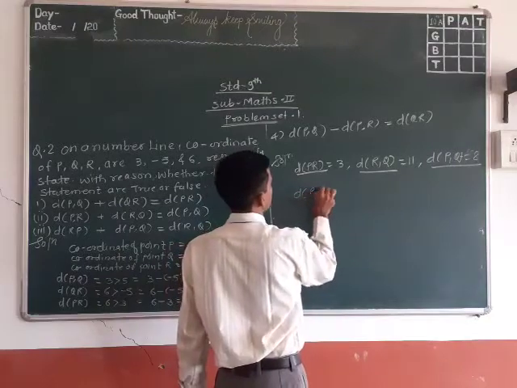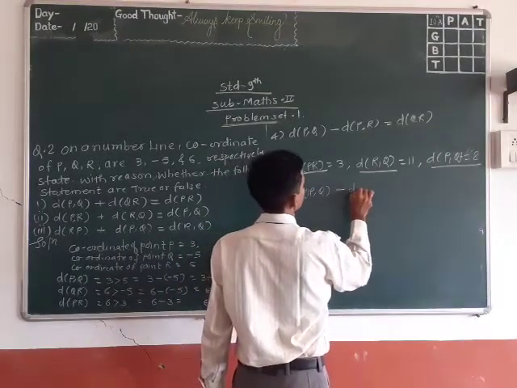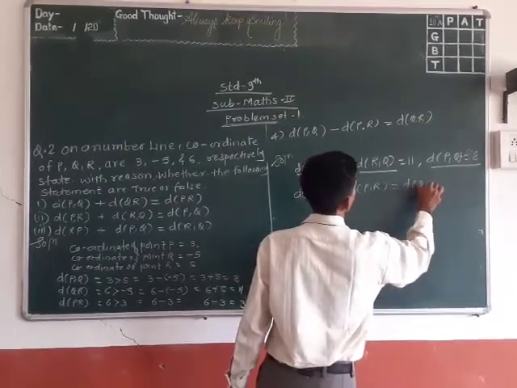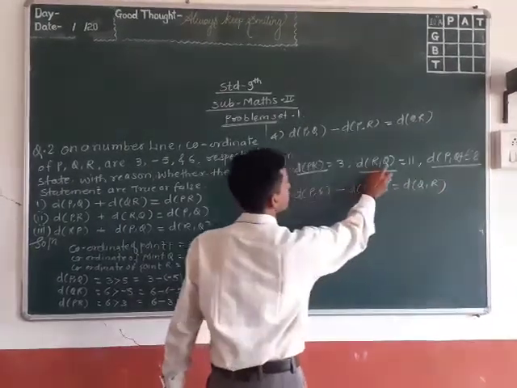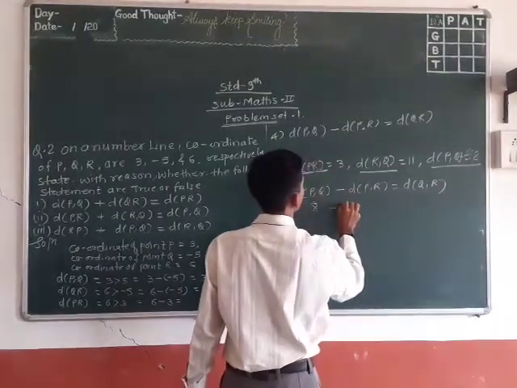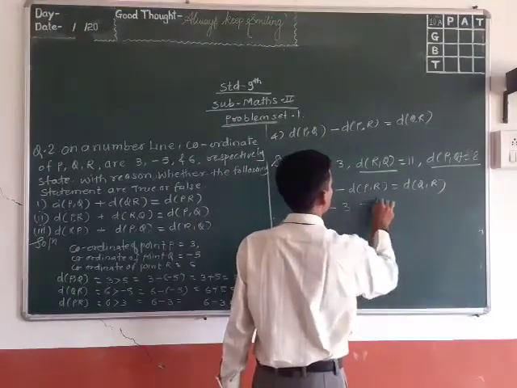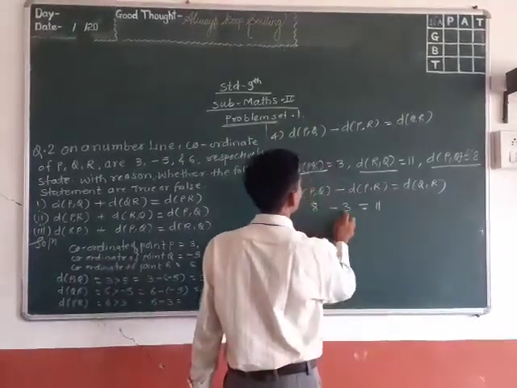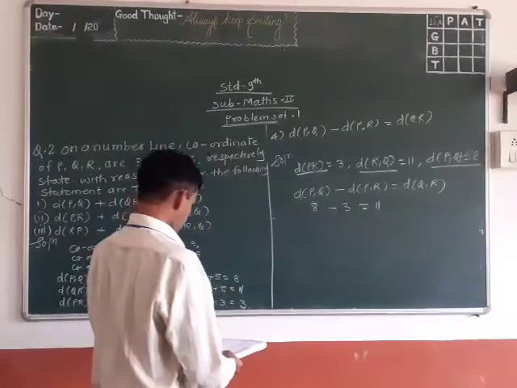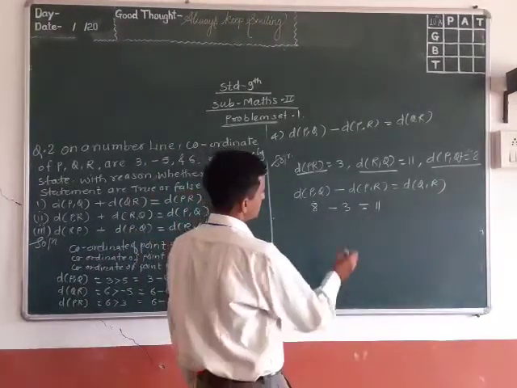Distance PQ minus distance PR is 8 minus 3, which is 5, not 11.